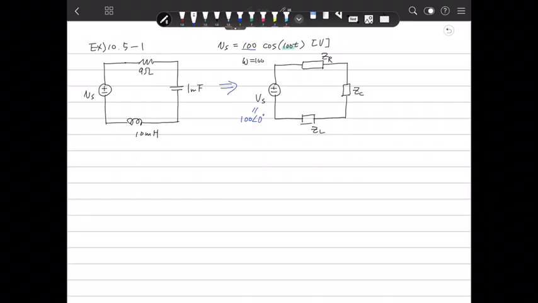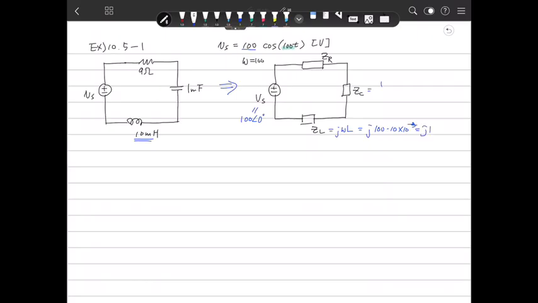Then what's ZL? ZL is j omega L. So omega is 100 and L is 10 milli. Therefore, that is j1.